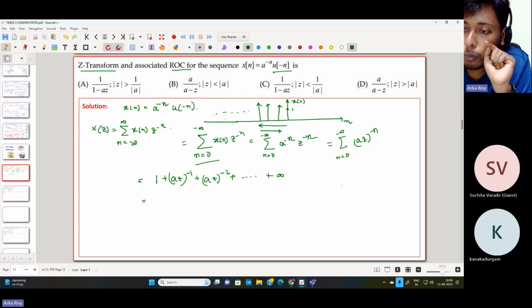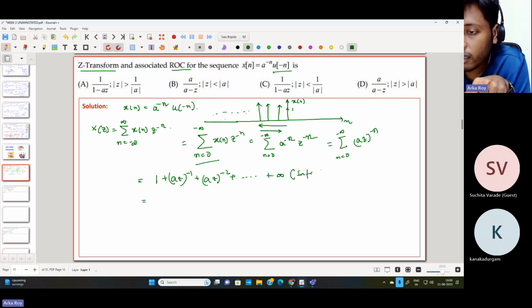This is an infinite GP series. To make the summation converging, the common ratio is very important. In each and every Z transform question, you will see the same thing. The common ratio should be less than 1.